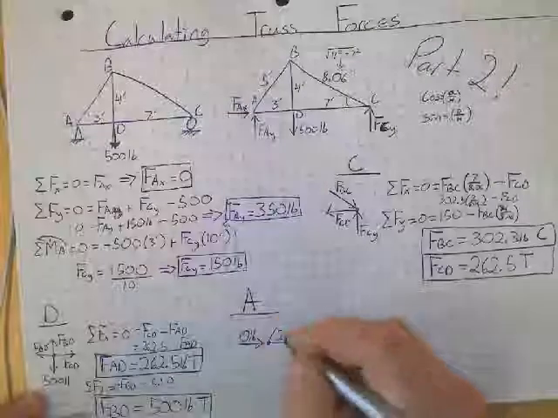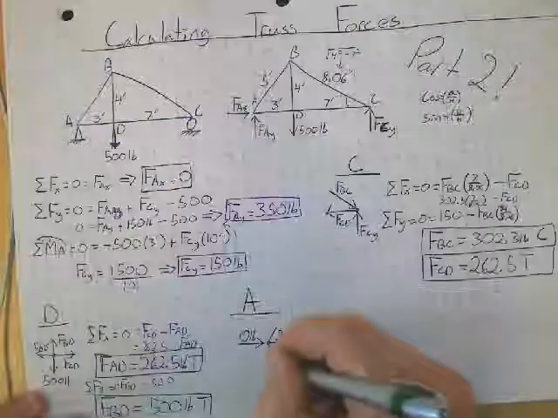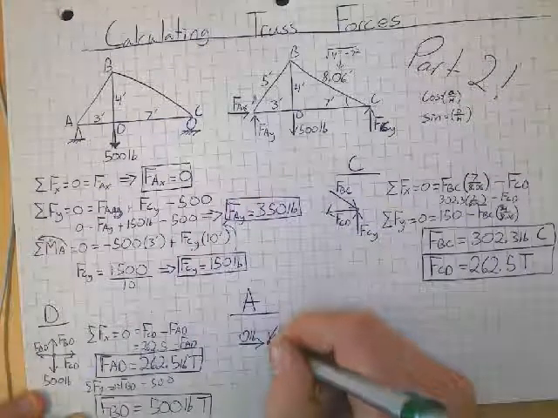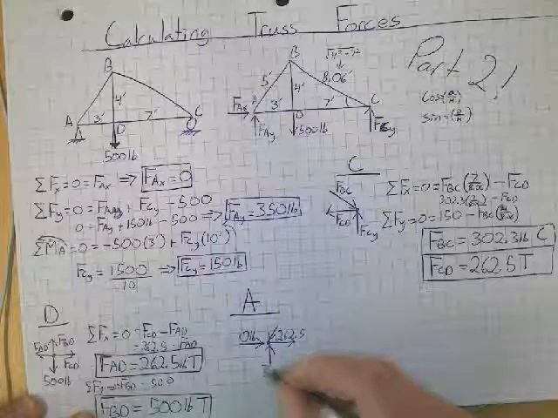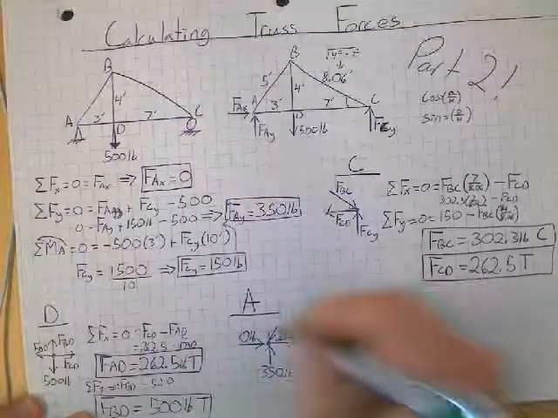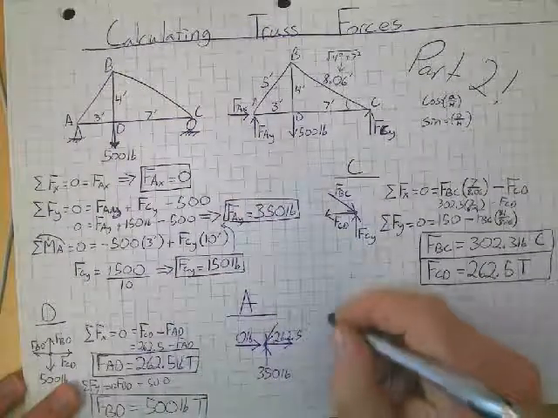I've got a force here that, since this is going to the right, I'm going to say that has to be going down and to the left, also because I know this is going up. So FAY I know is 350, and so I can solve the rest of this using my systems of equations.